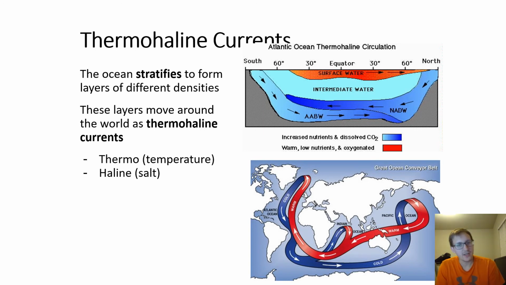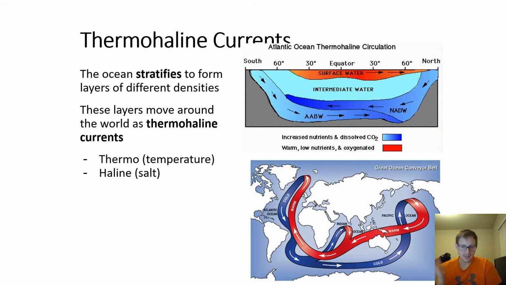But let me read here real quick. The ocean stratifies to form layers of different densities. Just like our density column, you can see in this picture the surface water at the top, and then we have intermediate water, and then as we go down, denser and denser water. And so these things are what fuel our thermohaline circulation.